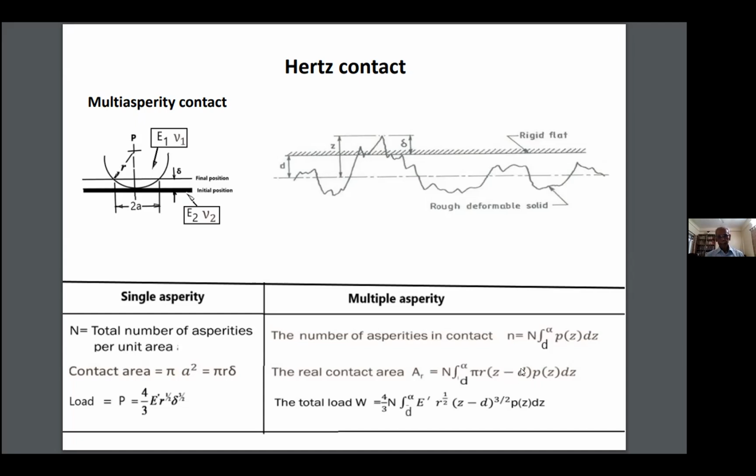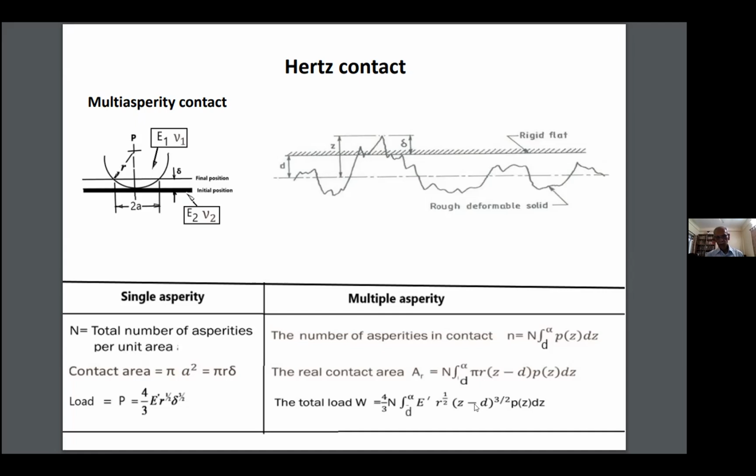So there it's a little difficult to understand, because as we are going from minus infinity to plus infinity, it is going inside the bulk of the material. Below the lowest valley, you have no undulation of surface. So you have got the bulk of the material. So the total contact area will be simply the area of the two surfaces.